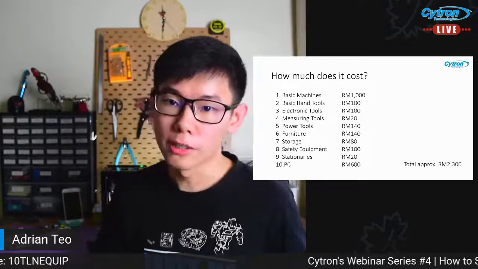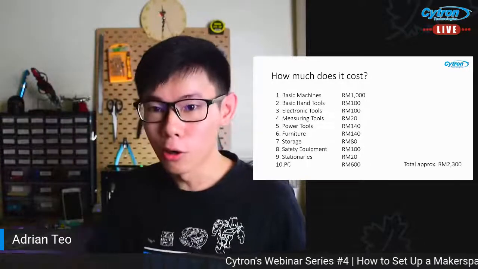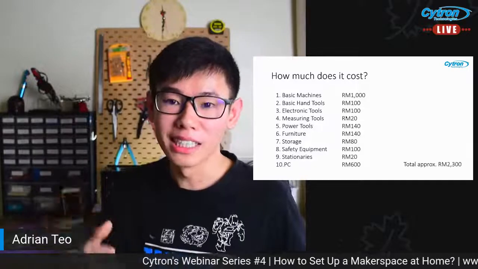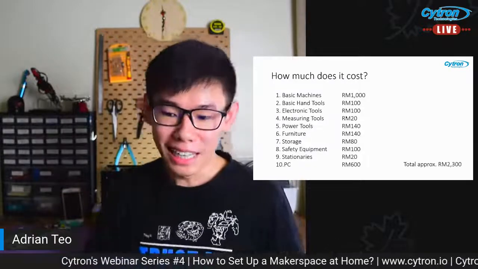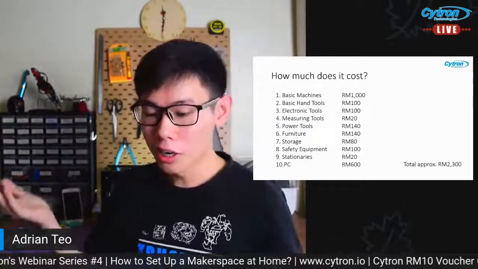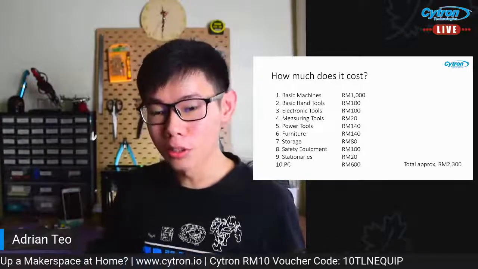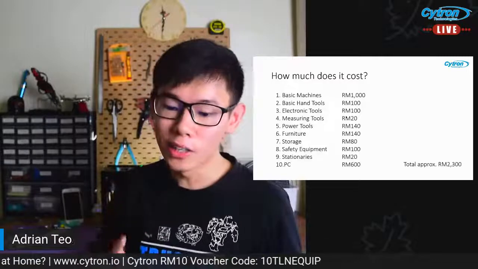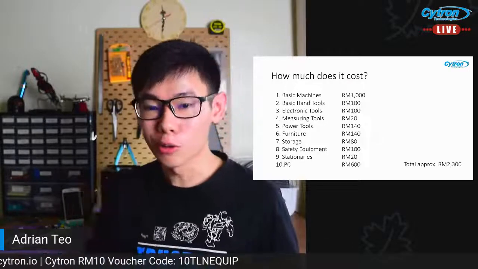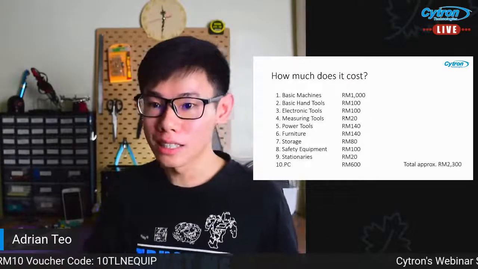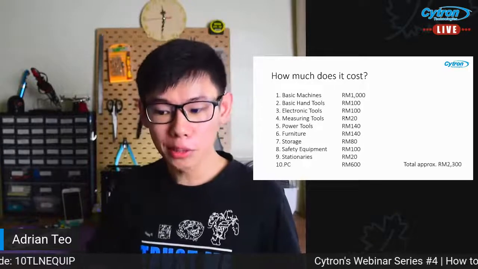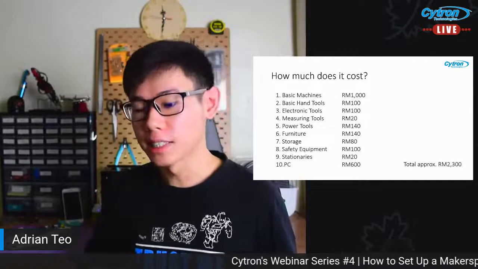So it's not expensive, but out of the whole list of items, this is the most expensive one. And then we have basic hand tools, around 100 ringgit or less, and then electronic tools, depending on if you want to venture into electronics and programming, then you will need to spend this amount. Measuring tools, up to 20 ringgit for rulers and set squares.